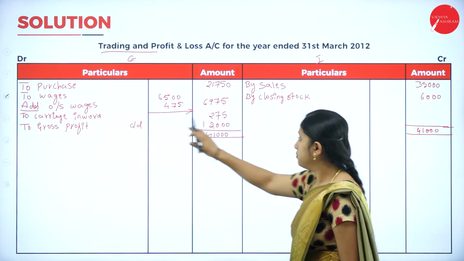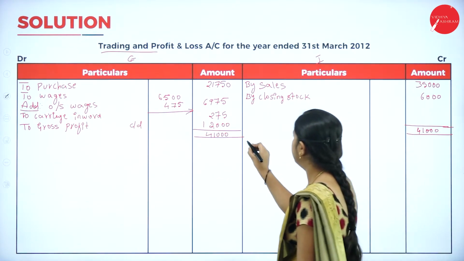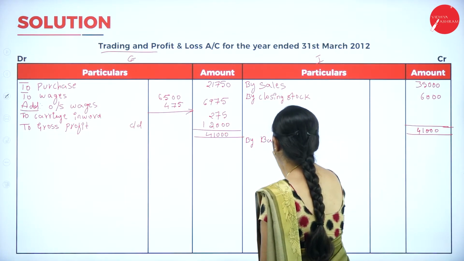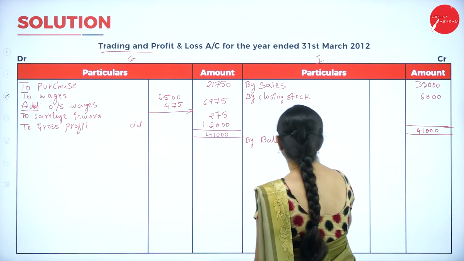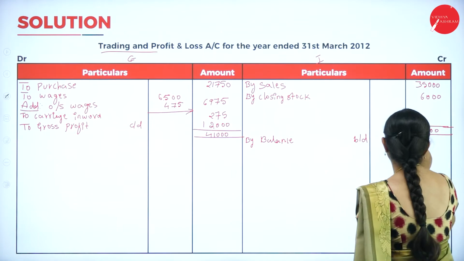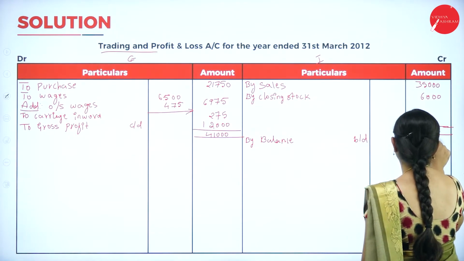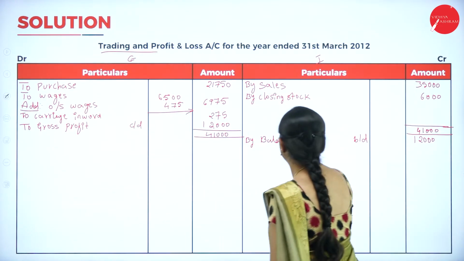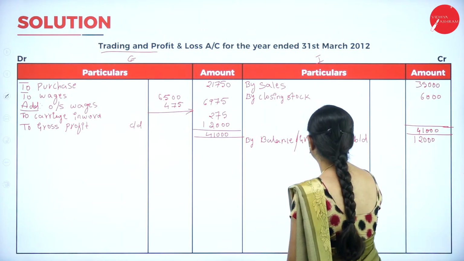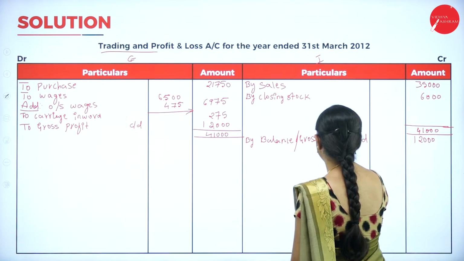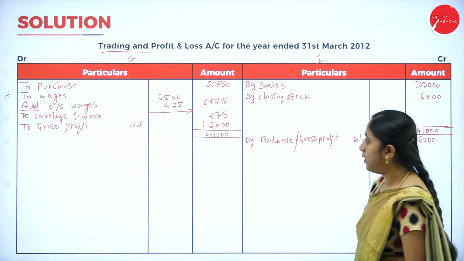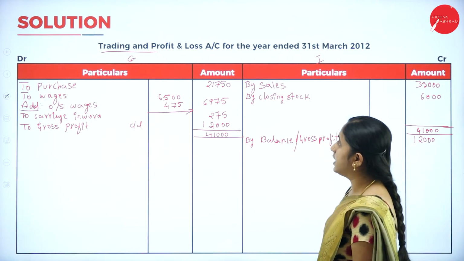So bring it down on the credit side: by gross profit brought down, rupees 12,000. So we have finished with the trading account.